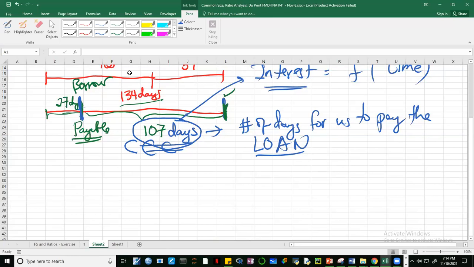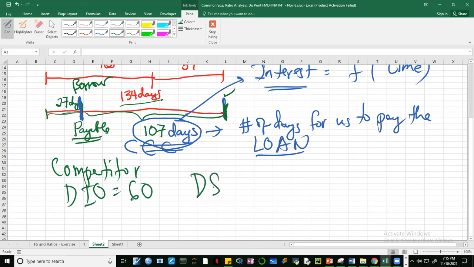So, plot natin for us to appreciate this. For the competitor, okay, DIO 60, DSO 15, okay, DPO 90. Okay.